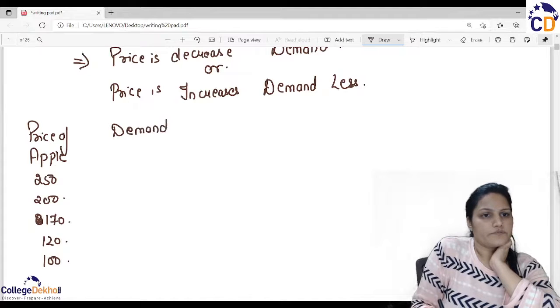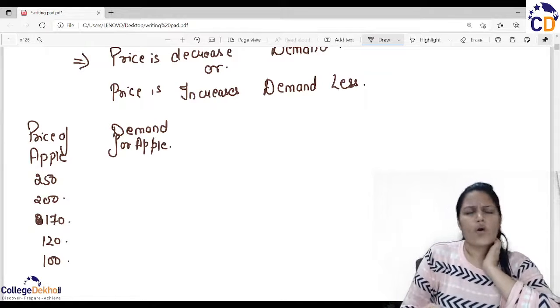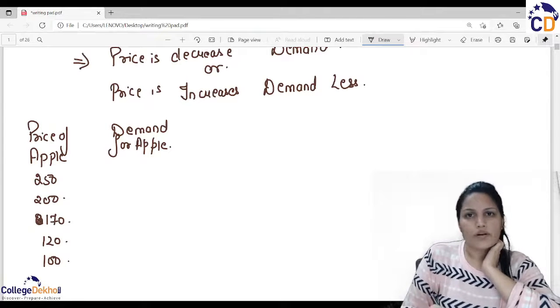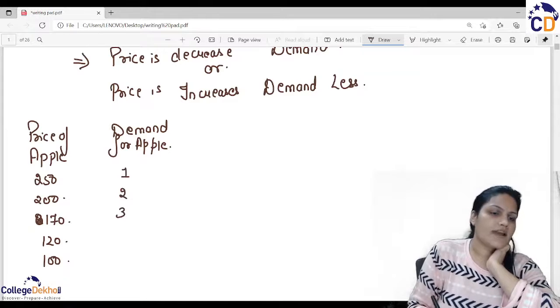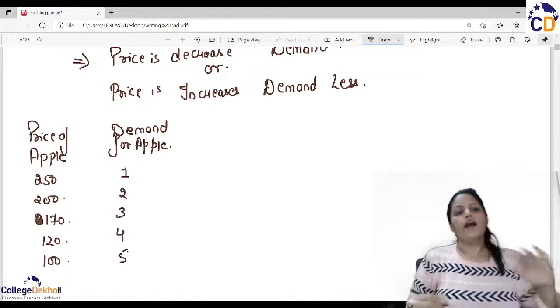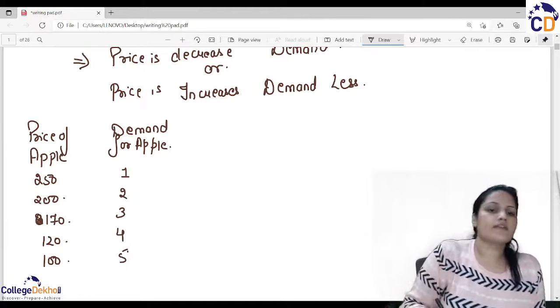Demand for apple is going to increase. Obviously, in the case of 250 rupees, we will not purchase more. So here, as the price decreases, your quantity demanded increases.